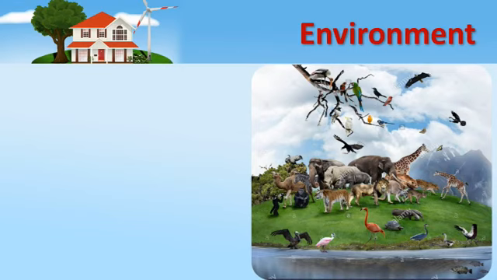So we basically refer to things within our planet, such as the air, creatures, water, and the land. These are the four main constituents of our environment.